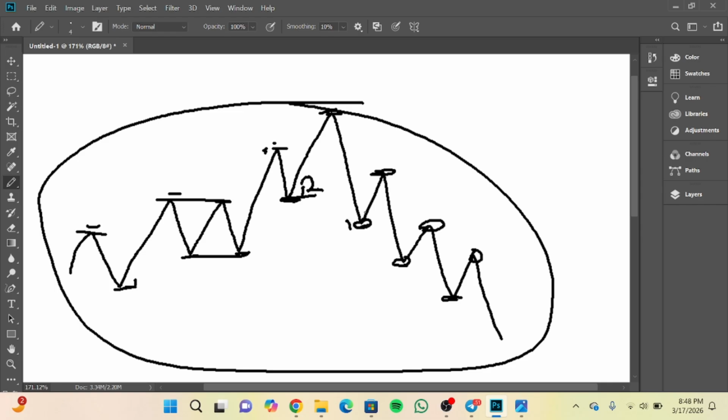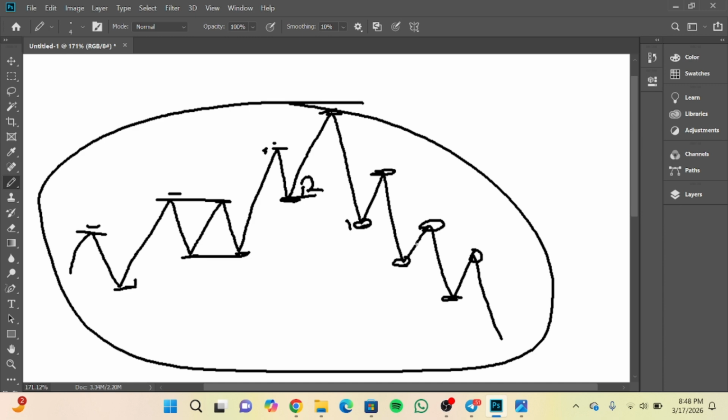I don't know, I'm just giving an example. So that makes you understand that this low was formed at a lower price than the previous low. So it is a lower low, and it goes on like that. This is also a lower low because it formed at a lower point than the last low, and so on and so forth.